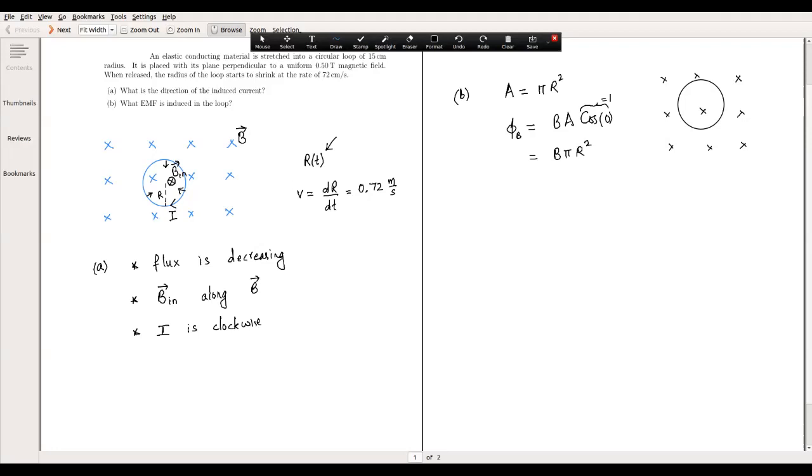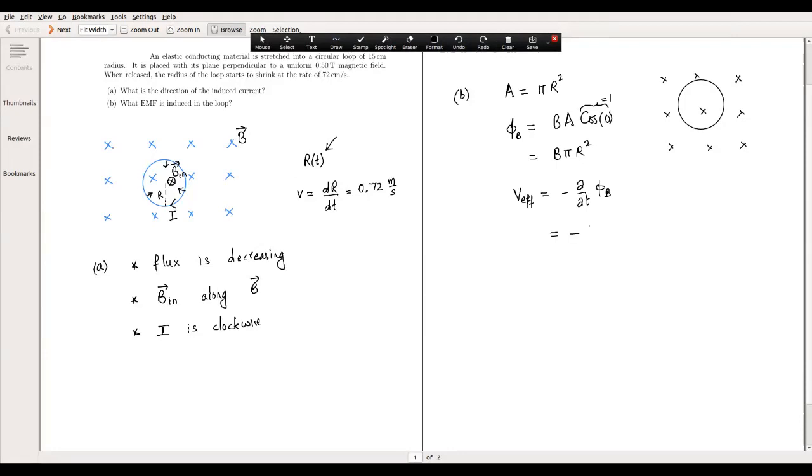The effective voltage that's induced is given as the negative derivative with respect to time of the flux. So negative derivative of the flux, which is magnetic field doesn't change in time. It's only the r that changes with time.